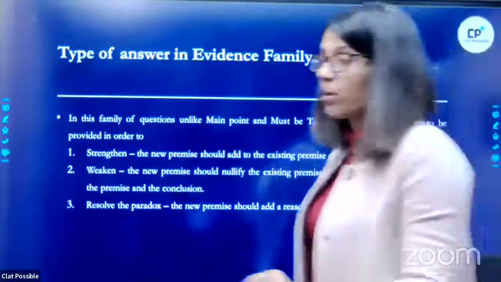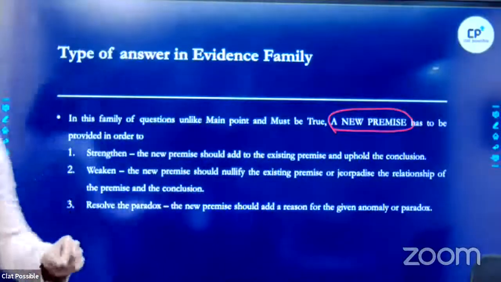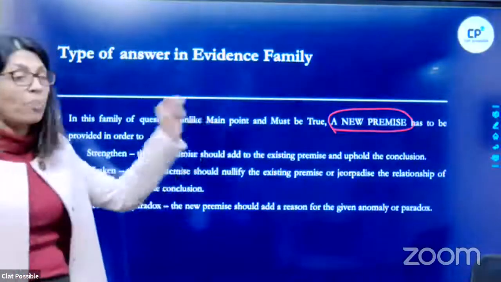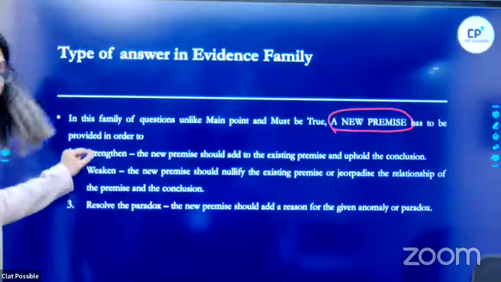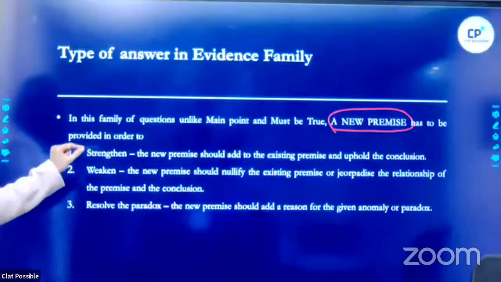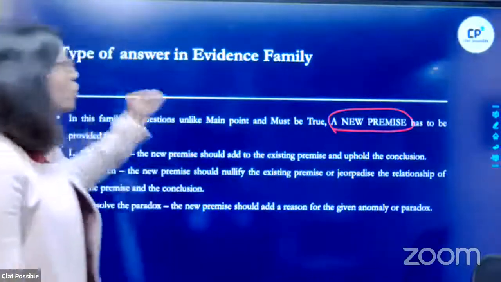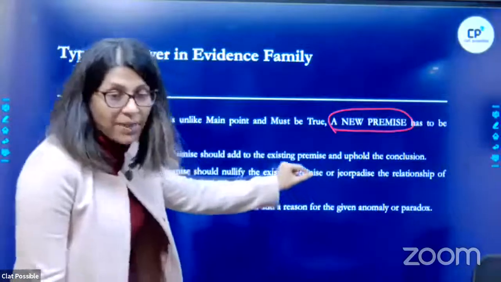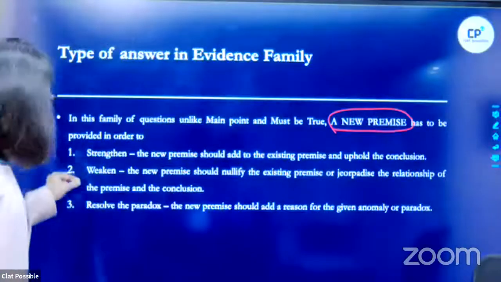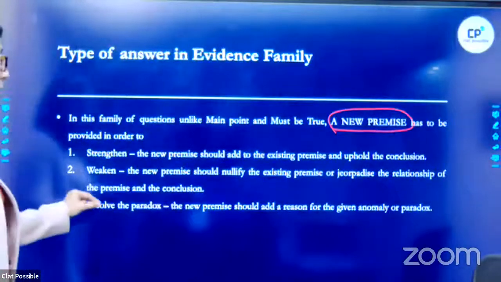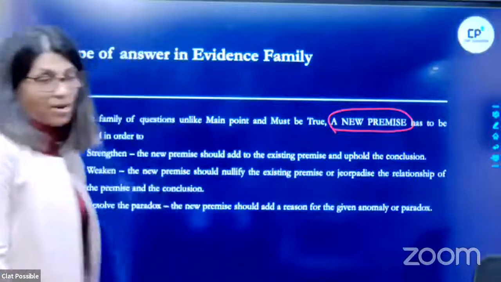But in evidence family questions, in order to answer the question well, you have to give a new premise. What type of new premise? If it is a strengthen question, the new premise should add to the existing premise and uphold the conclusion. If it is a weaken question, the new premise should nullify the existing premise.